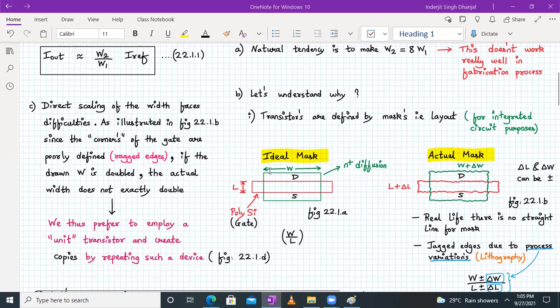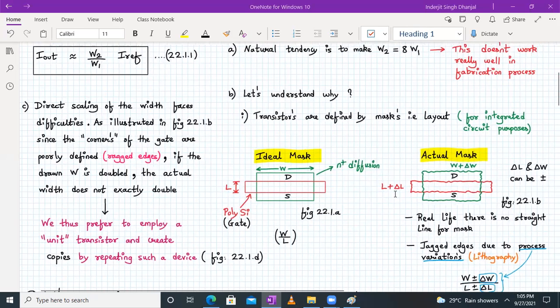Let's say we have this green mask for N plus diffusion, and this polysilicon mask for the gate terminal. Whenever a polysilicon line crosses this N plus diffusion line, a transistor is formed. We have a drain terminal over here and a source terminal over here. This is my channel length vertically, and horizontally is my W, the channel width. This is the ideal mask which we consider.